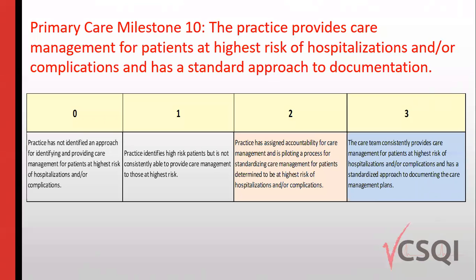And a 3 states that the team consistently provides care management for patients at high risk of hospitalization and/or complications and has a standard approach to documenting care management plans. So now let's dive into some examples of meeting this milestone.